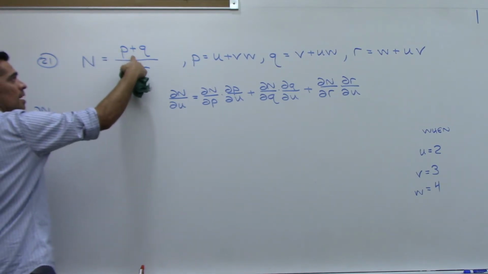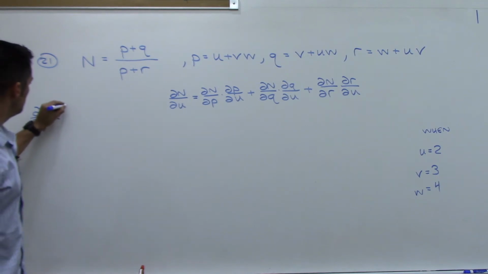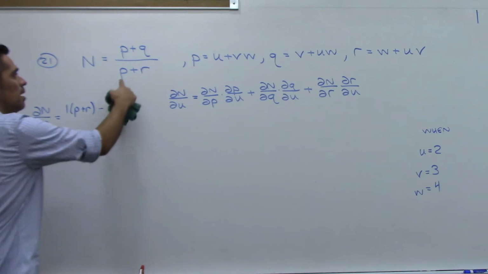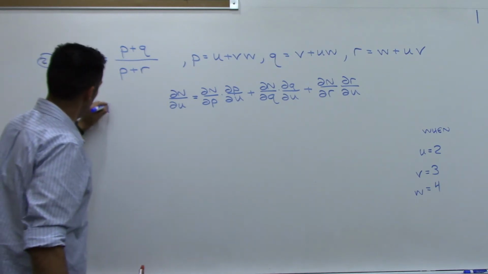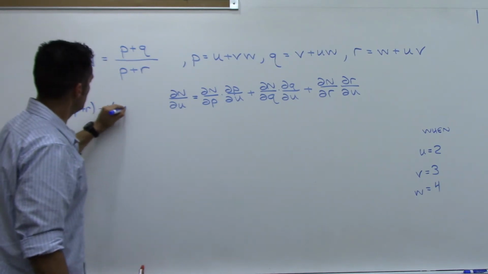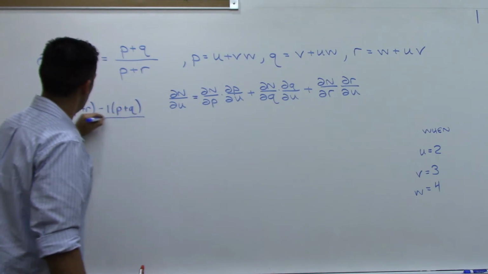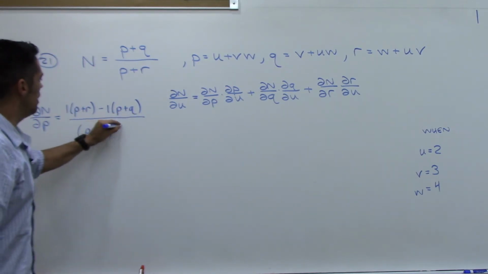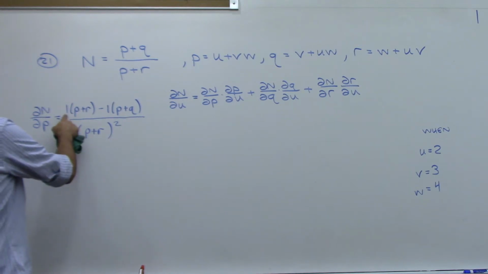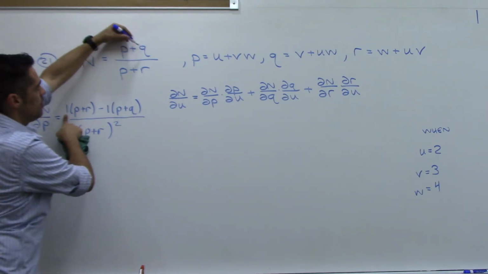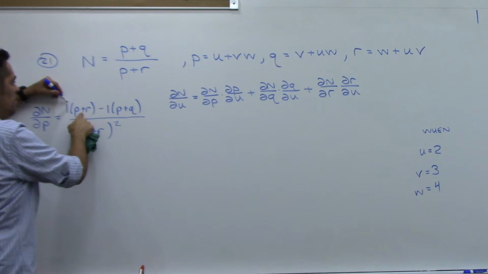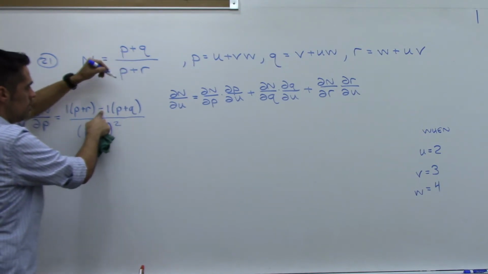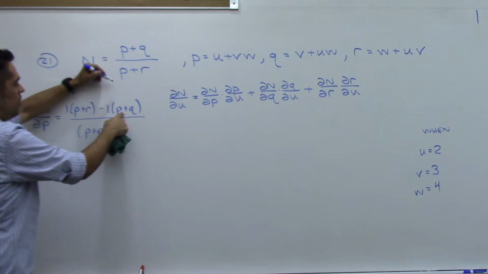The derivative of the top with respect to P is just 1 times the bottom, P plus R, minus the derivative of the bottom with respect to P, which is just 1 again, times the top, P plus Q, all over the bottom squared, (P plus R) squared.